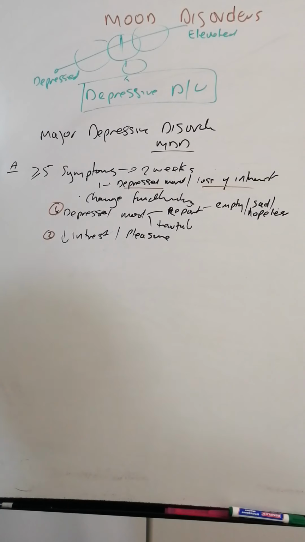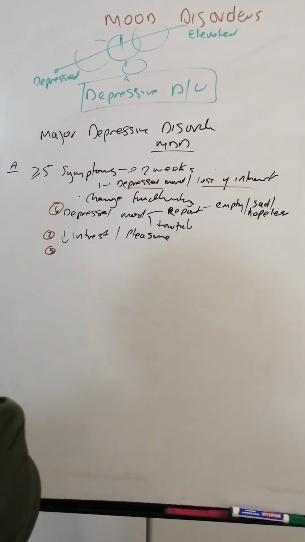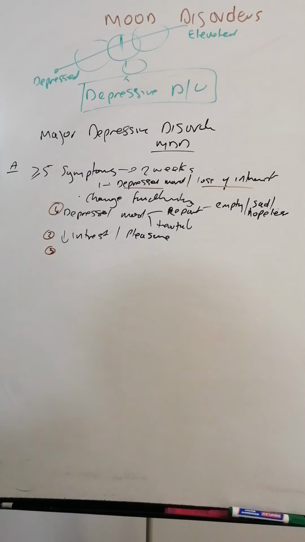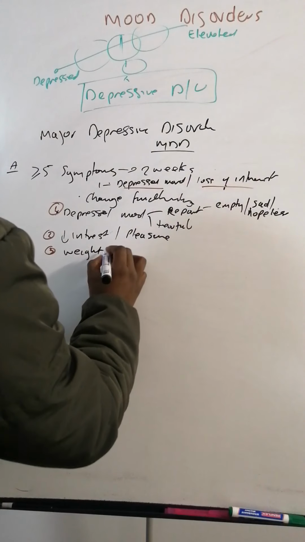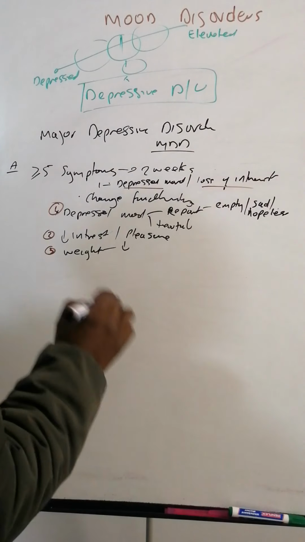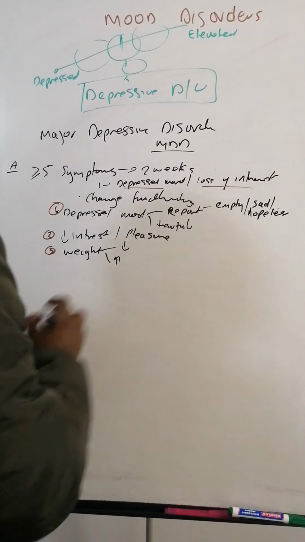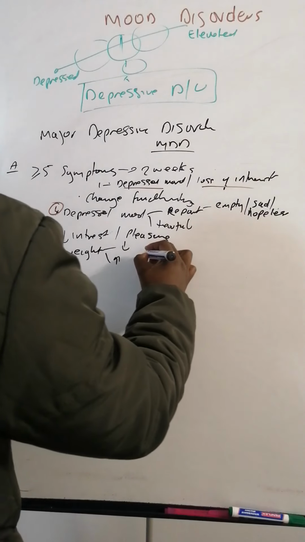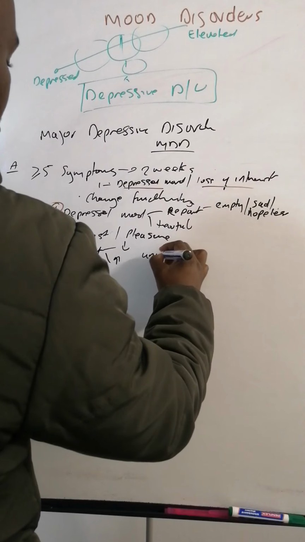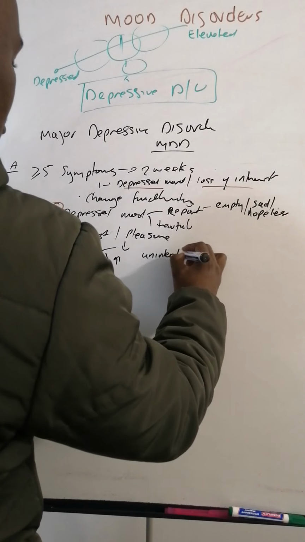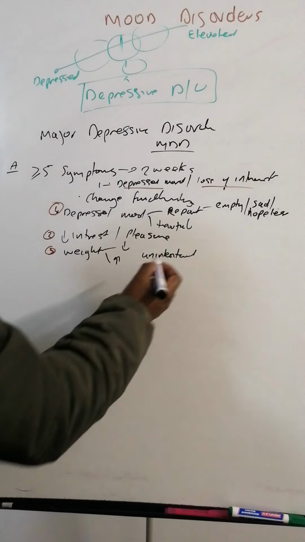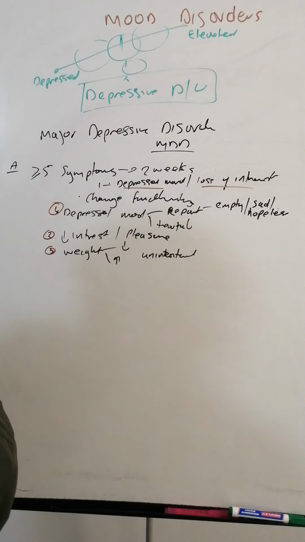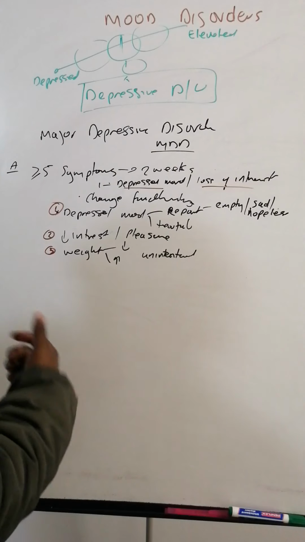The third one is weight. Weight can be either a weight loss or a weight gain, and this must be unintentional. So it must not be someone who's exercising, or someone who's on a diet, or someone who's planning to gain weight through weightlifting and all of that.